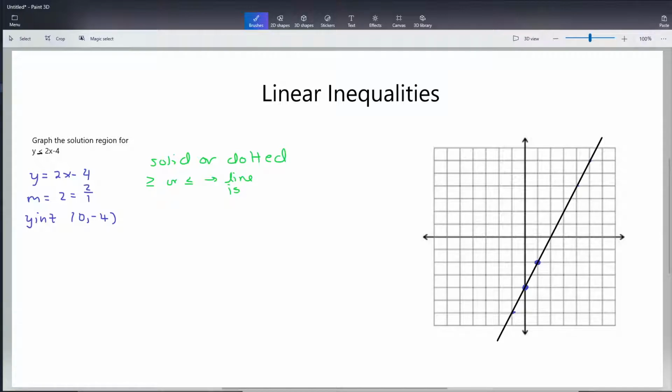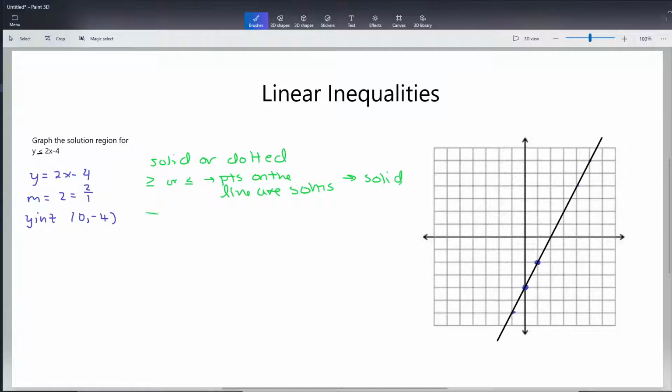I guess I will say the points on the line are solutions, which means that we want to use a solid line.